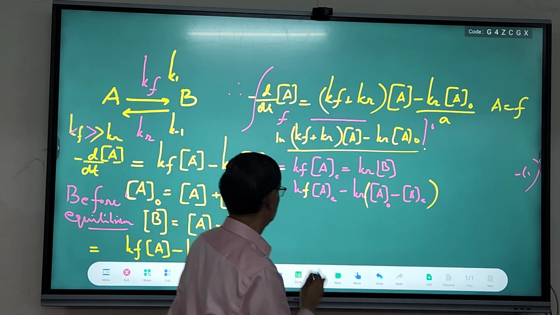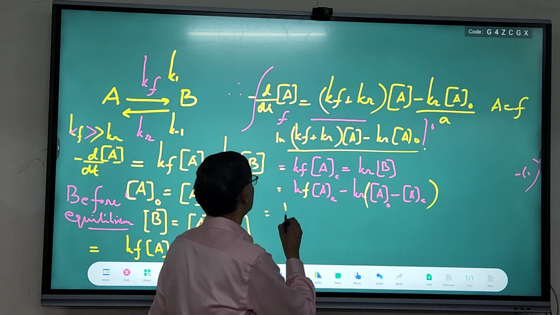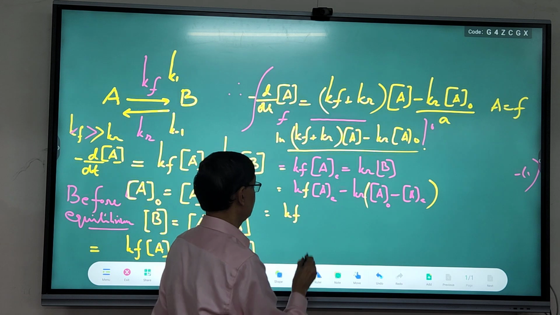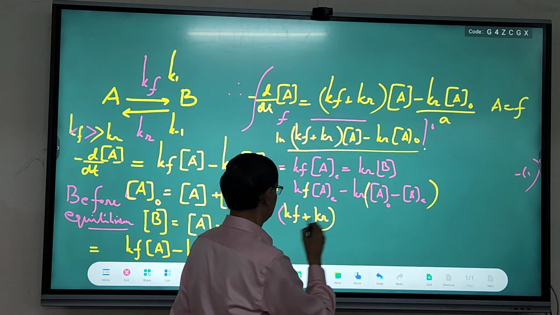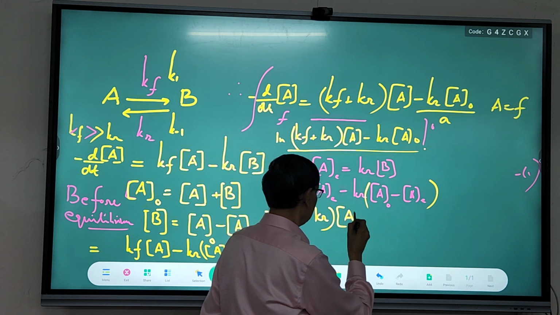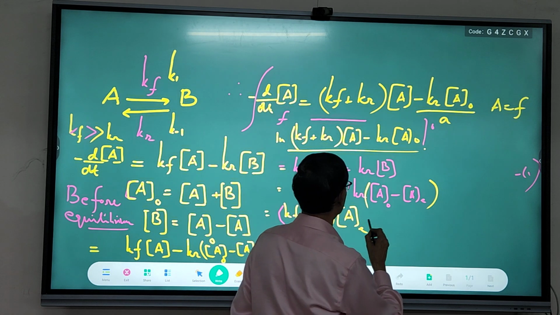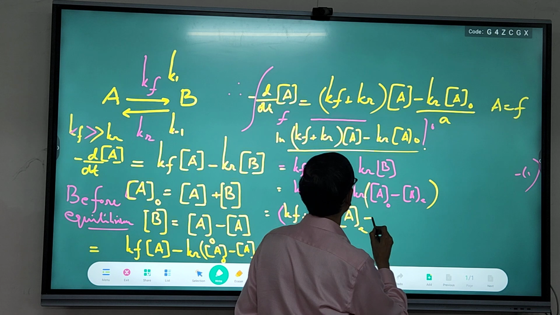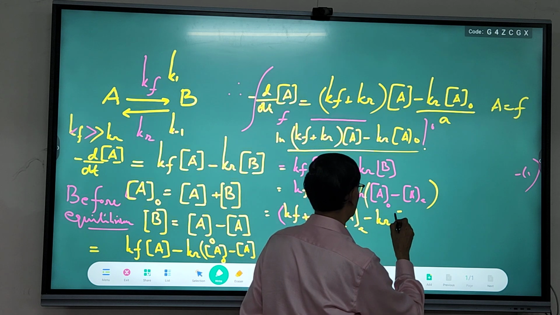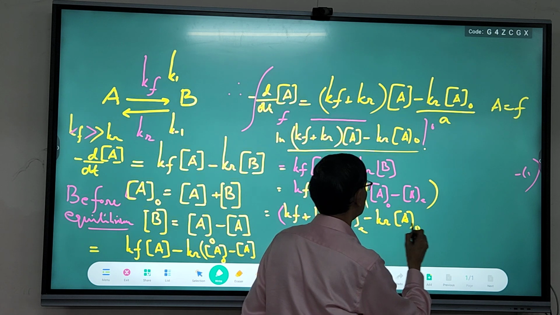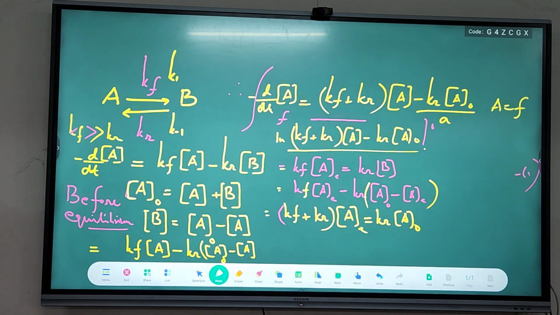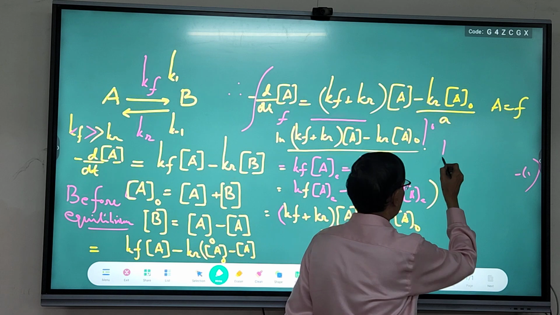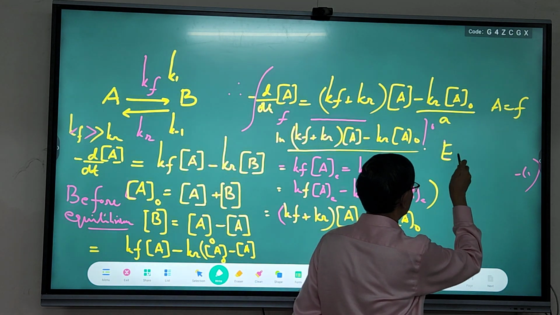Equilibrium is there. So what I can do, it's the same thing, Kf plus Kr A equilibrium minus Kr A0, or even you can write like that. So this is at equilibrium.